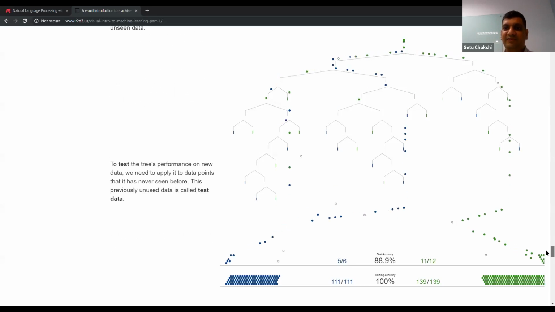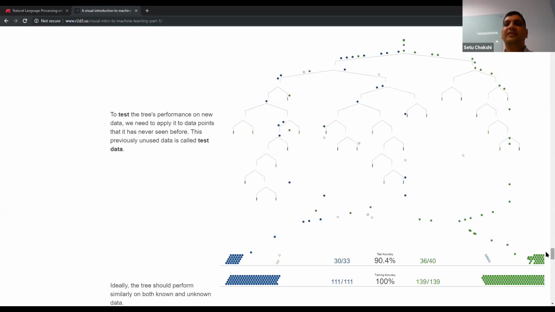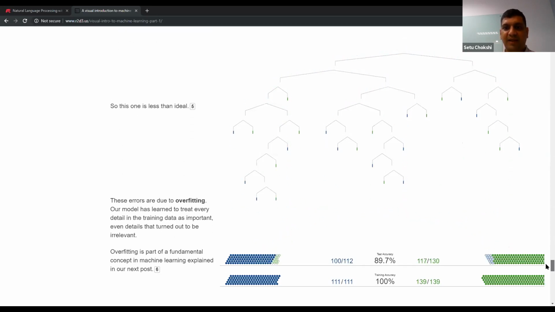Now I take the remaining data and pass it through this tree, which is what you end up seeing. I end up with a test accuracy of 89, or about 90%. Now it learned a lot, but compare this to your first query that you got by building just a simple model.